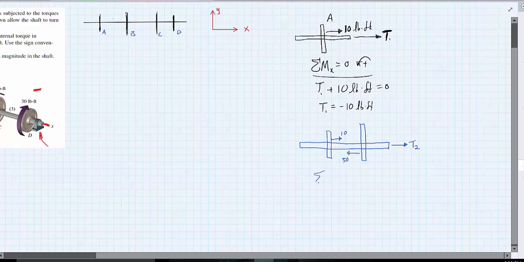So again, summing the moments about x equals 0. So 10 minus 50 plus T2 equals 0. So T2 then equals 40 foot-pounds.